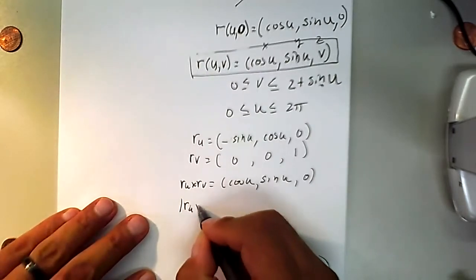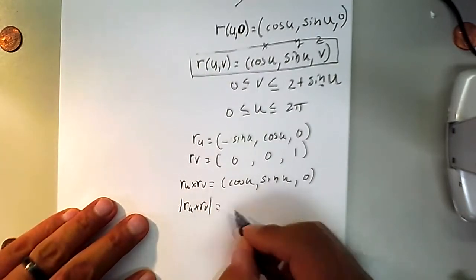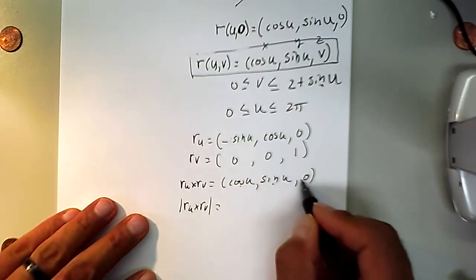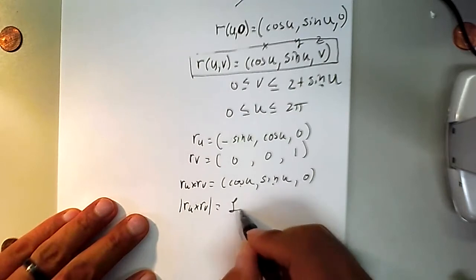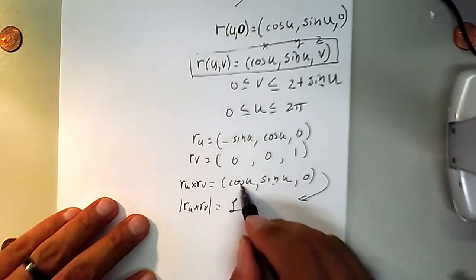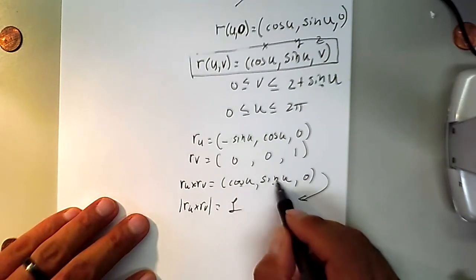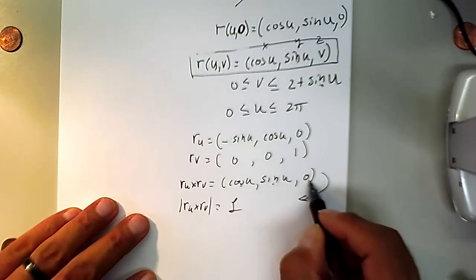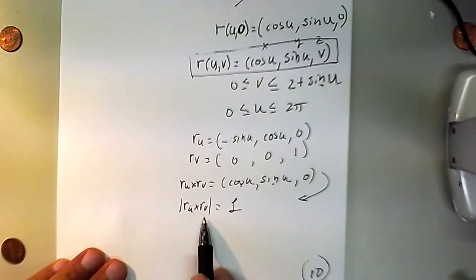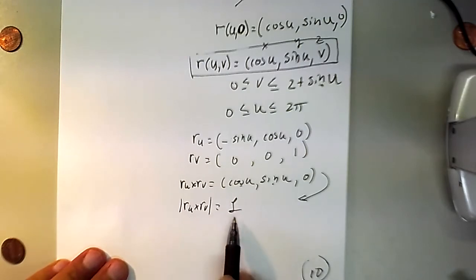The magnitude of R sub U cross R sub V is going to be the square root of cosine squared plus sine squared, which is 1, plus 0 squared, still 1, square root of that, 1. Okay, always check that because oftentimes the magnitude of the cross product is not 1.